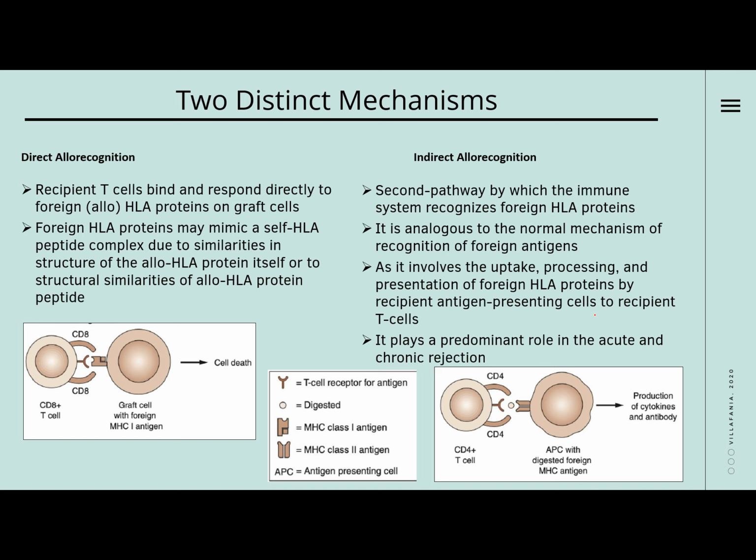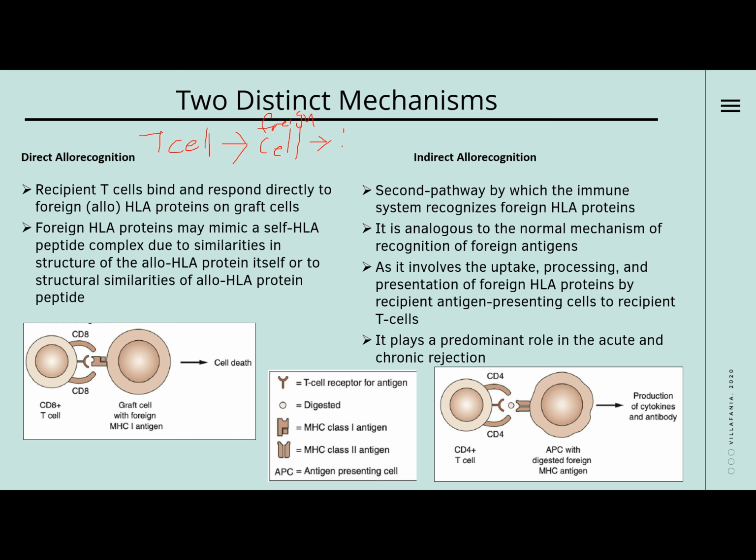It plays a predominant role in the acute and chronic rejection. So sa indirect, kasi sa direct, you would have here T cell, tapos diretso mo nang papatayin yung graft cell mo or yung foreign cell mo.